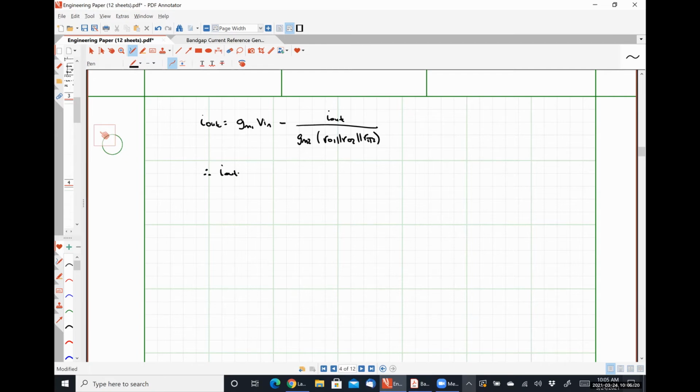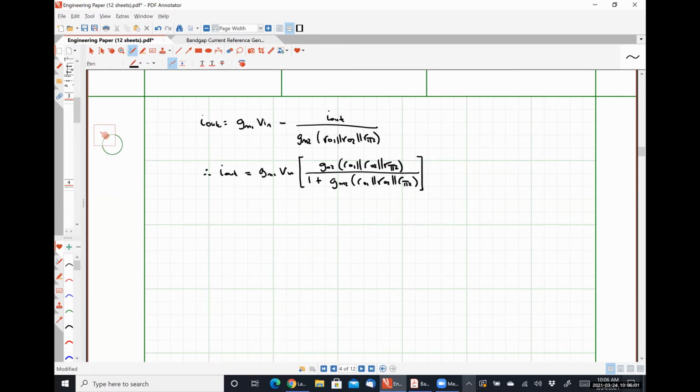Rearranging slightly, I out is equal to gm1 times Vin times, in my denominator, 1 plus gm2 times r o1 in parallel with r o2 in parallel with r pi 2, and up here I just have gm2 multiplied by r o1 in parallel with r o2 in parallel with r pi 2.